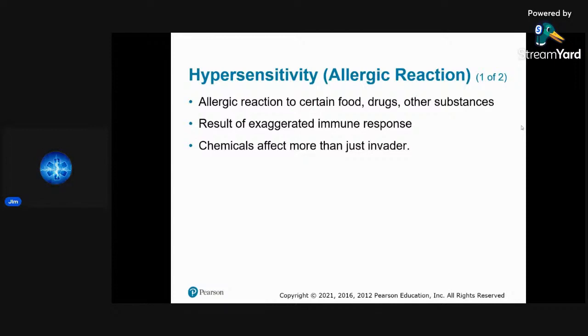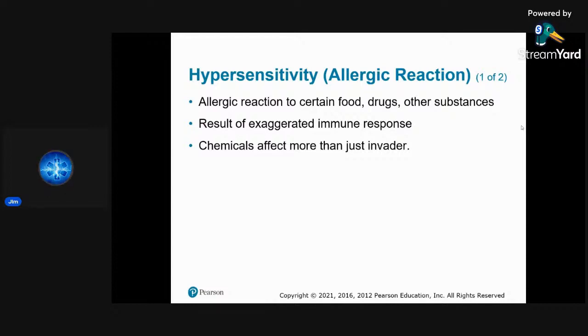It results in an exaggerated immune response. Your immune system goes into hyperactive drive and attacks something it thinks is an invader, and it chemically affects way more than just that invader.